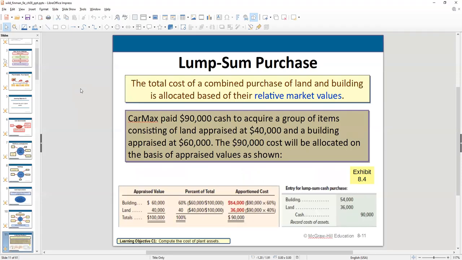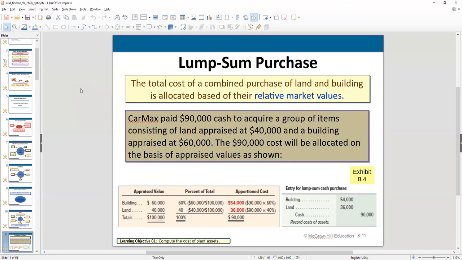So in our first example, CarMax paid $90,000 cash to acquire a group of items consisting of land appraised at $40,000 and a building appraised at $60,000. We have to break out the $90,000 cost based on the appraised values. So we're going to take the appraised values, list them on our chart, and add them together. It comes to $100,000.